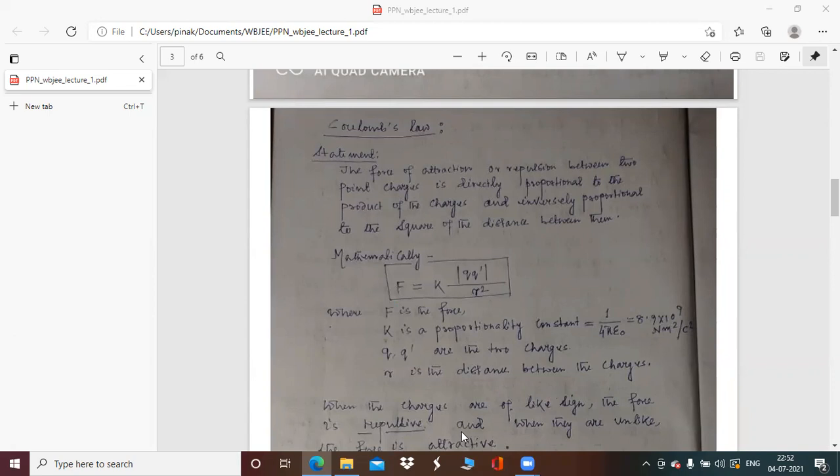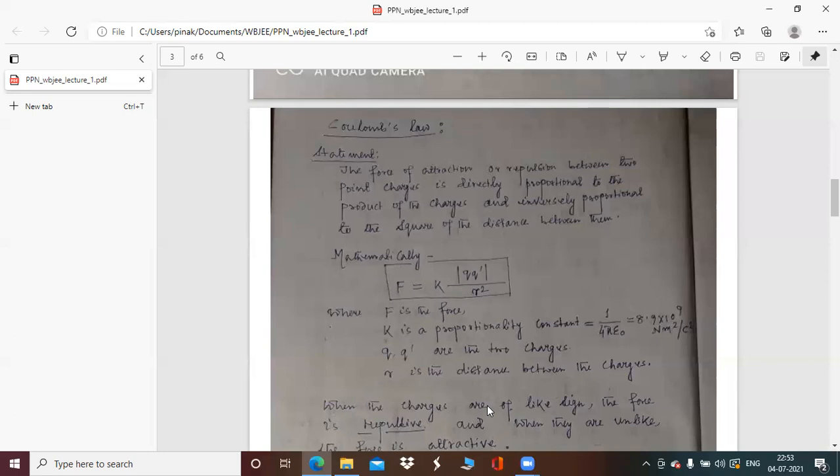And when the charges are unlike, that means one charge is positive and another charge is negative, then this force will be negative, and the force is attractive. That means the negative electrostatic force between these two charges is attractive in nature.